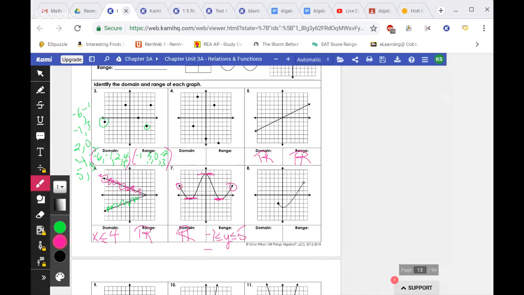If it includes -1, you can write a bracket like that, and it includes 5, you don't have to write the less than and equal to symbols. You can write this bracket looking thing. If it includes it, you write a hard bracket. And if it doesn't include it, you write just a parenthesis.